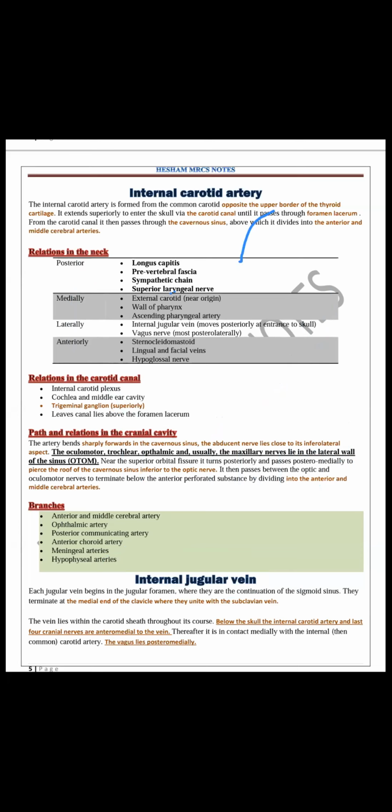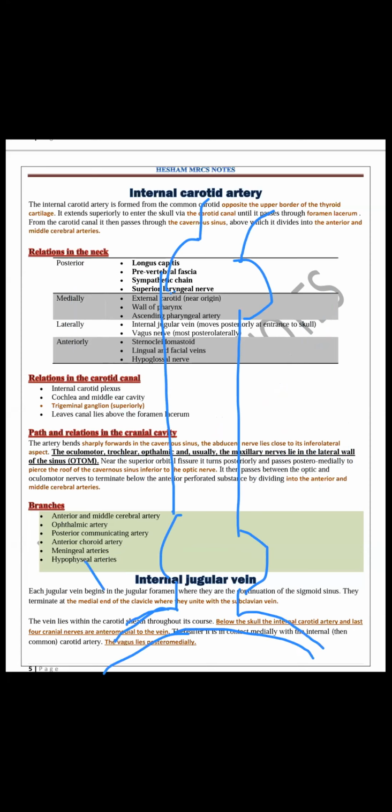After it passes, it has a superior jugular bulb, and it passes its length through the carotid canal, and it also has an inferior jugular bulb before it joins the subclavian vein to form the brachiocephalic vein. So how does this vein end?